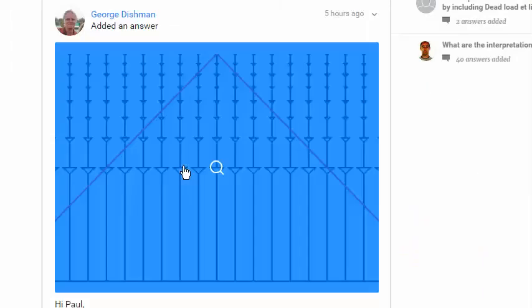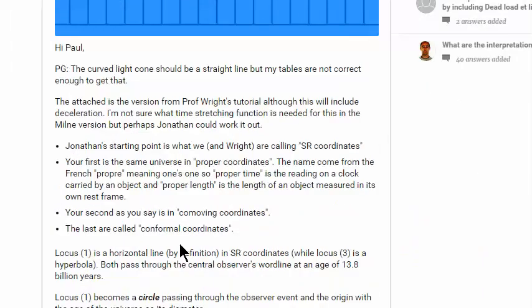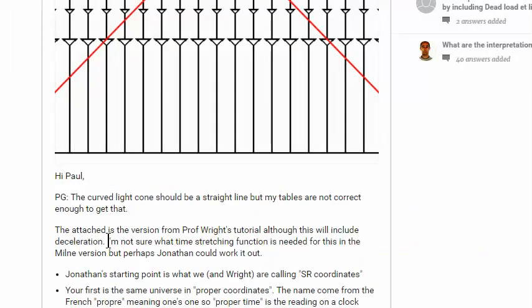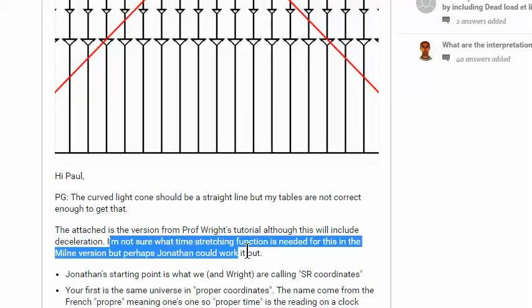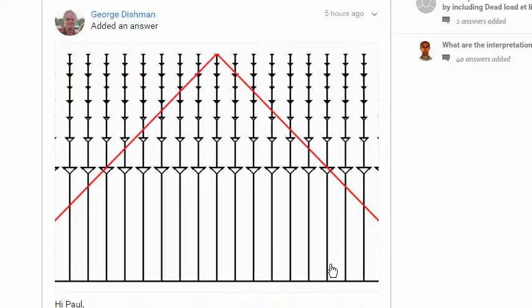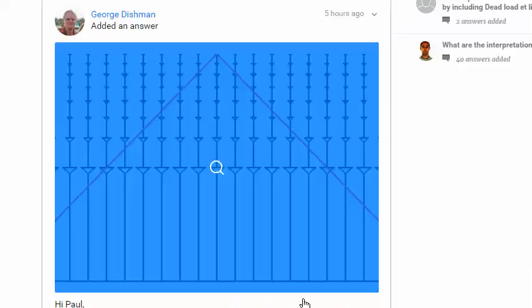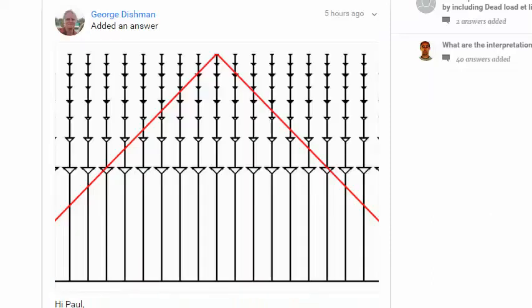Here's the image George posted of it, and he says he's not sure what time stretching function is needed for this in the Milne version, but perhaps Jonathan could work it out. I'm not sure how complicated that's going to be, but I can work on that, maybe.